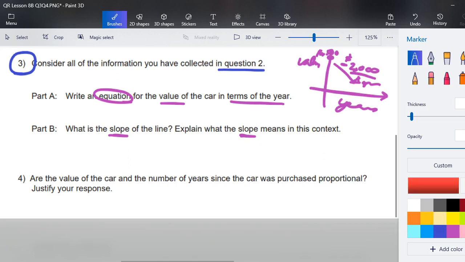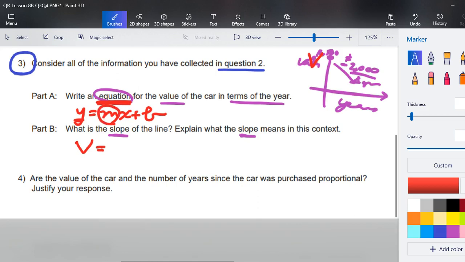If they are asking for an equation, the only equation you and I have talked about is y equals mx plus b. And we can fill in pieces of that equation and have a great equation for this line. Starting with the y. Instead of y, why don't we use v for the value of the car? That'll give us, I believe, more details of what's going on.